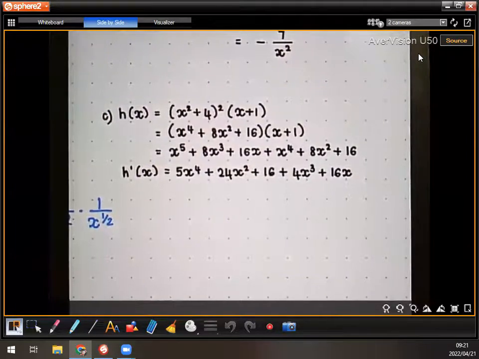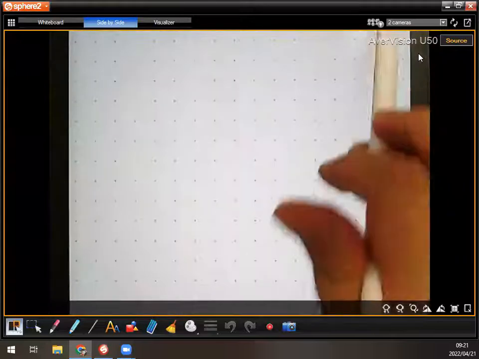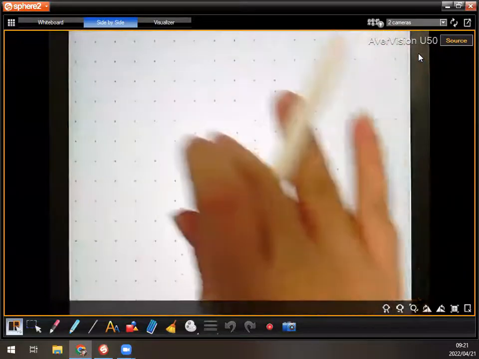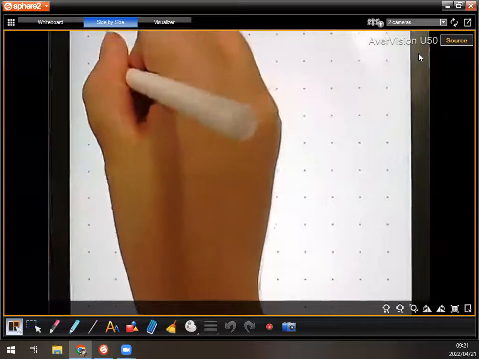Okay, we are going to do a note on different notations because they are not always going to use the dash notation. There are quite a few different notations for derivatives. So just make a little heading.